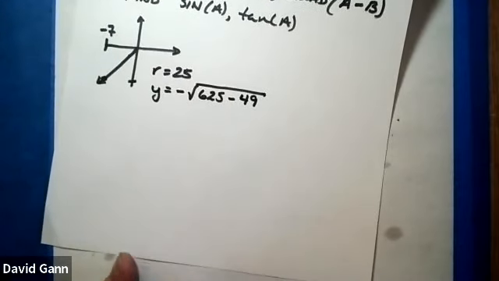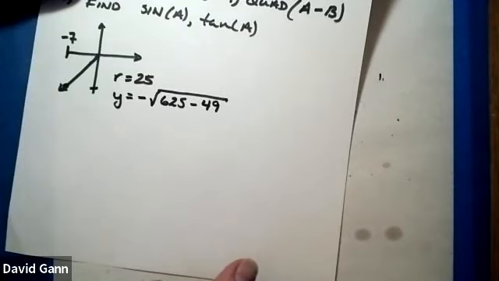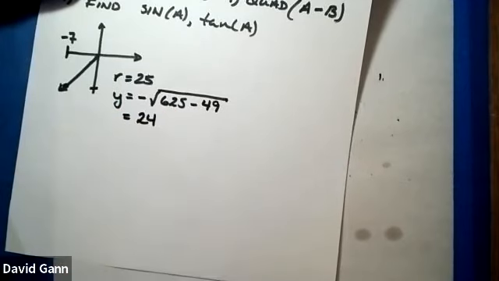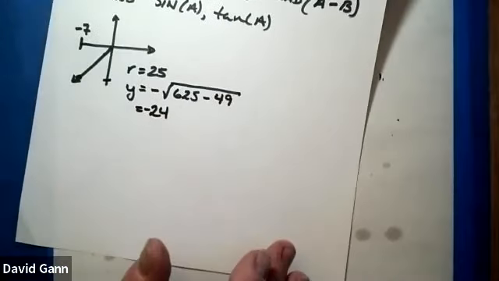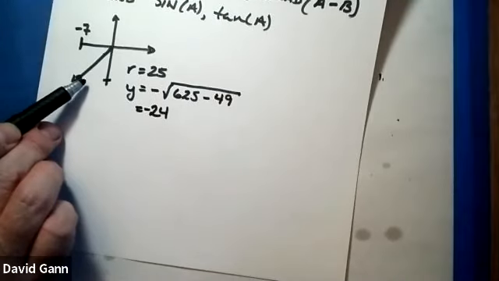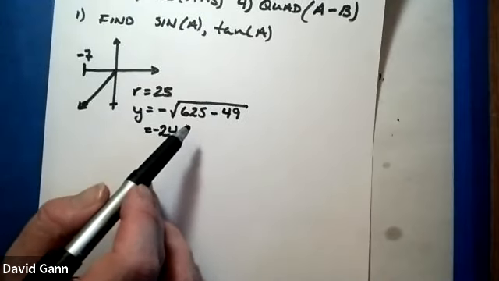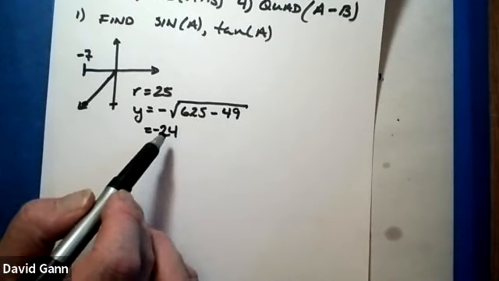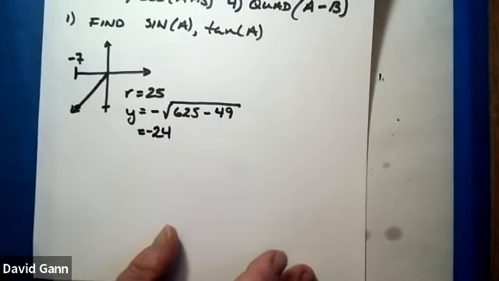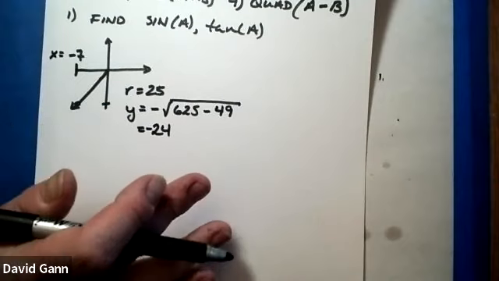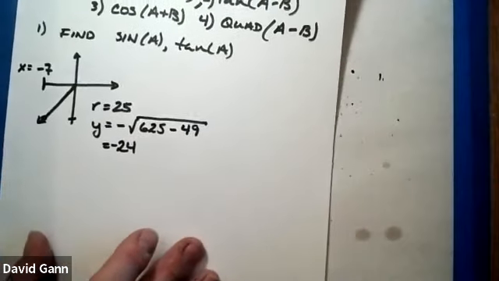And if I'm not mistaken, I think this comes out exactly to negative 24. Notice that negative sign is because of the quadrant that it's in, right? So I think that's right. You can check me on that, but I'm going to assume that it's true and go on. So based on this information, I now have X, and I have Y, and I have R.